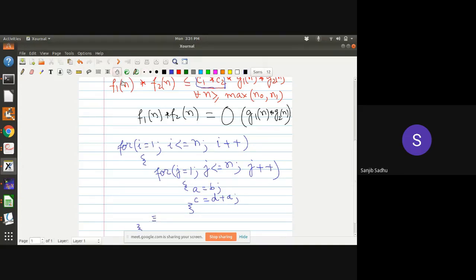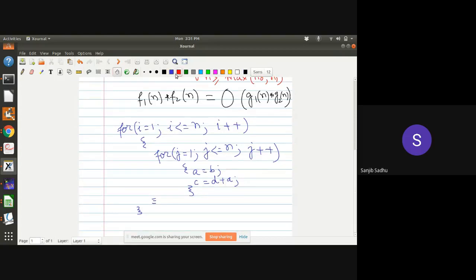Now here you see this loop. So what is the time complexity for this? These take constant time, big O of 1, big O of 1. You know the RAM model. I have already said that assignment and addition all take a constant amount of time. So now what will be the time complexity of this loop? You tell me, how many times is this executed?